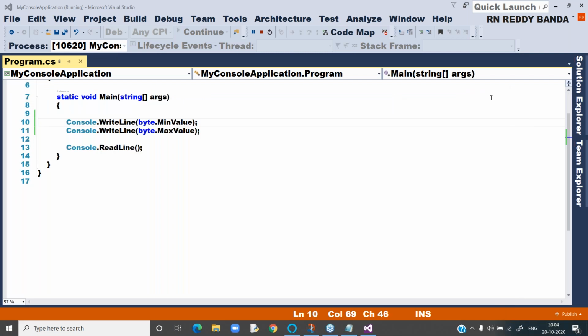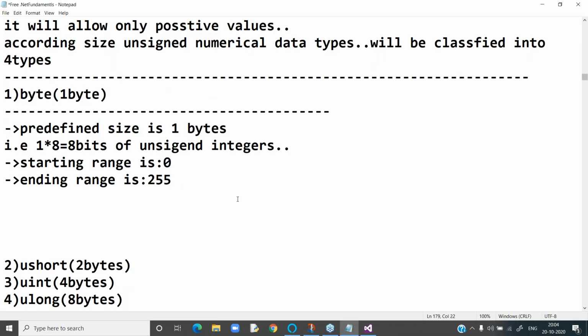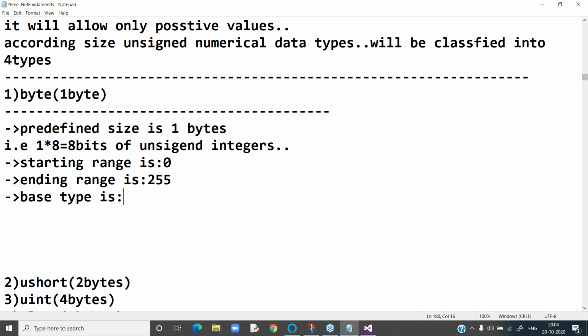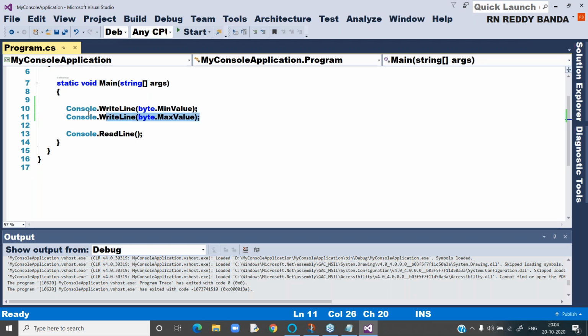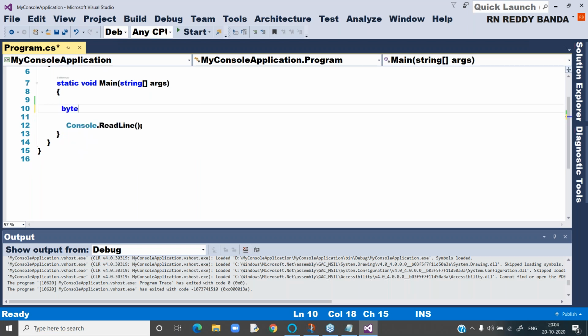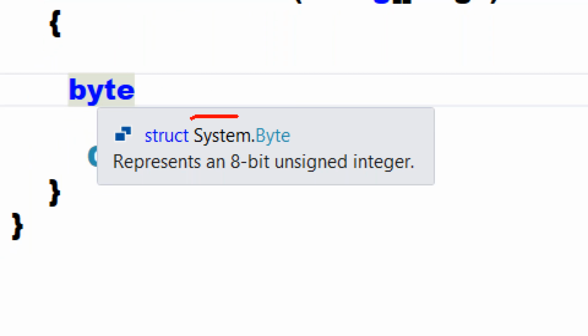Hello. Right. So now next, base type. The base type of byte. Who is your base type? System.Byte. B capital here, y-t-e small.